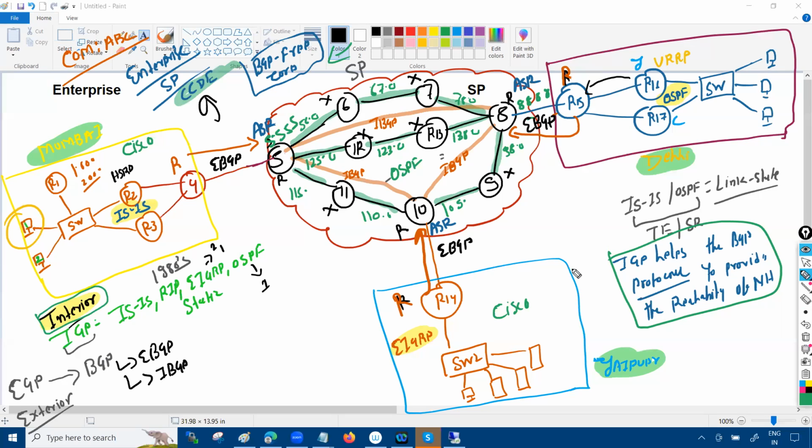It's like a phone and a SIM card. Your phone is BGP, and your SIM card is your IGP protocol. Both are required. If your SIM card is not there, you cannot make a call. Same thing: IGP is like a SIM card. IGP must be there to make the BGP next hop reachable. This is all about the fundamentals of the service provider: what should run, what should not run.